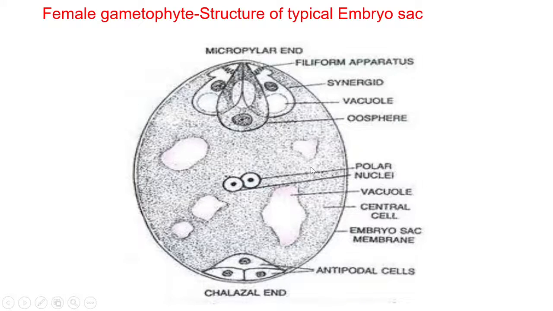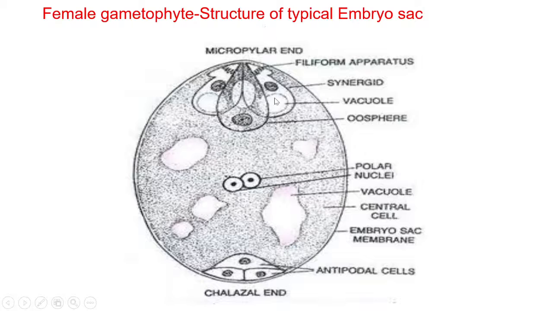Generally, a single megaspore develops into an embryo sac. But in some angiosperms, 2 or 4 megaspores take part in the formation of the embryo sac.